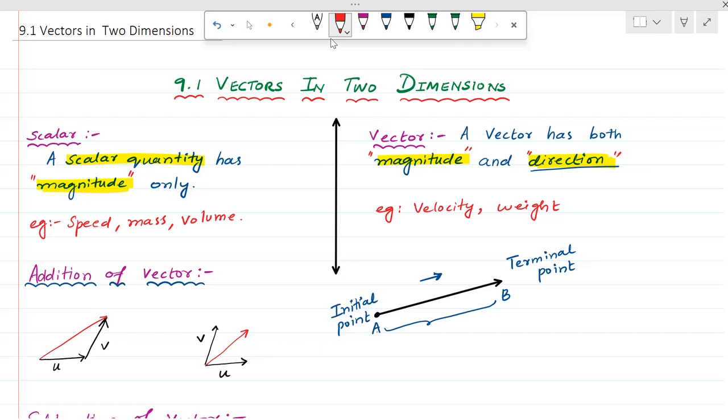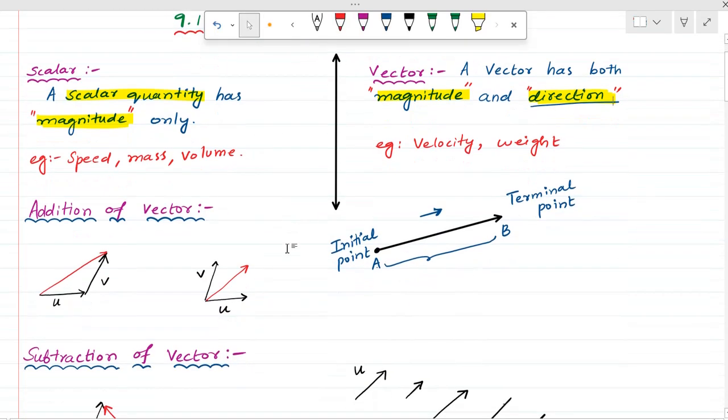Now, first of all, the general introduction of the vector: this is the starting point. We call this the initial point of the vector, and this is the terminal point of the vector. This is a vector v. So we can add vectors, and we can subtract vectors.